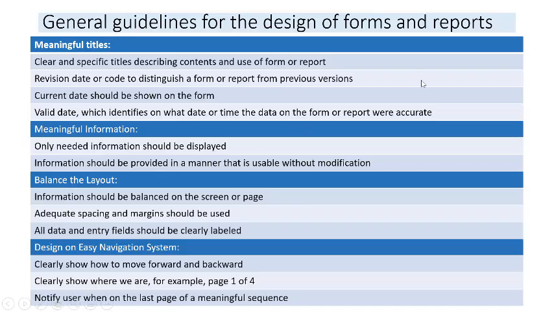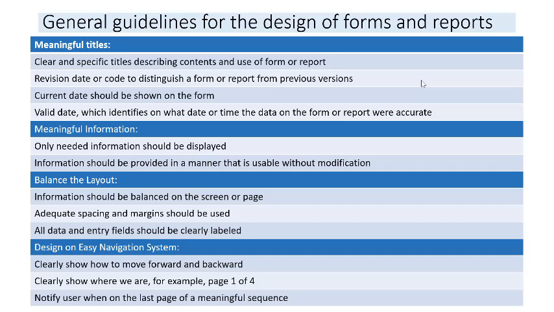So what are the guidelines? These are general guidelines. First of all, if you are designing a form or a report, use meaningful titles. Don't use, for example, acronyms. Use full words.